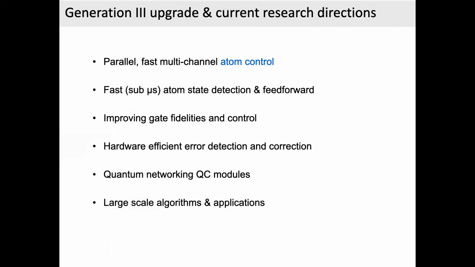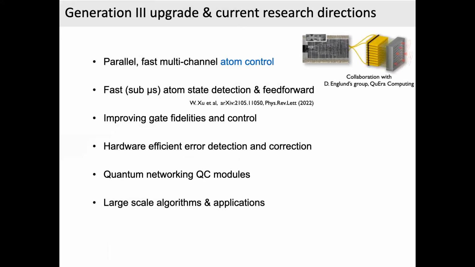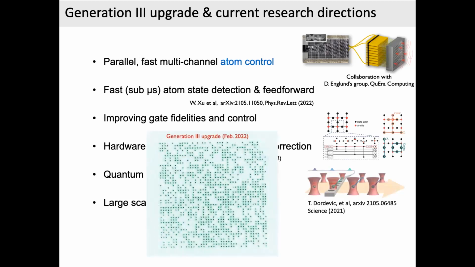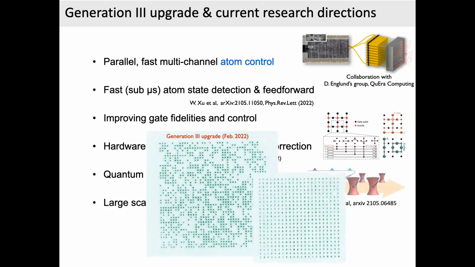We have demonstrated some fast atom readout, but have not yet integrated it into our system. I will talk a little more about improving fidelities, and the direction this work is going is to start doing hardware-efficient error correction and detection, and in fact operations with logical qubits.